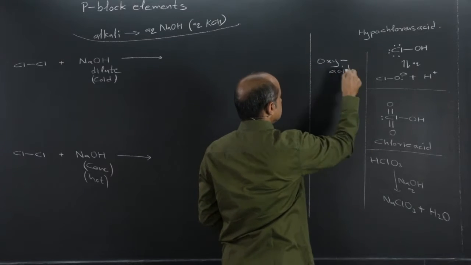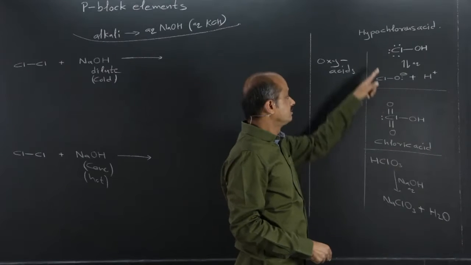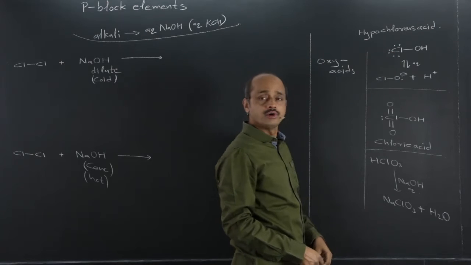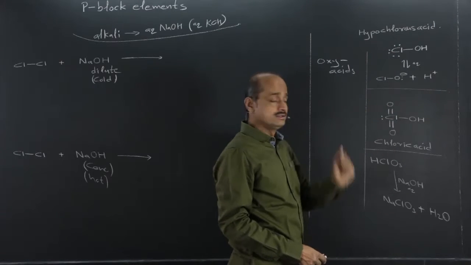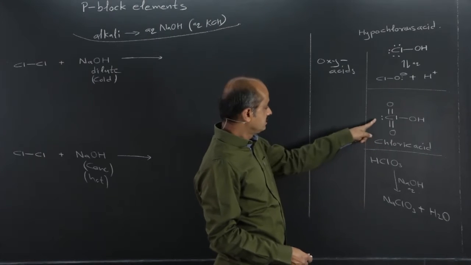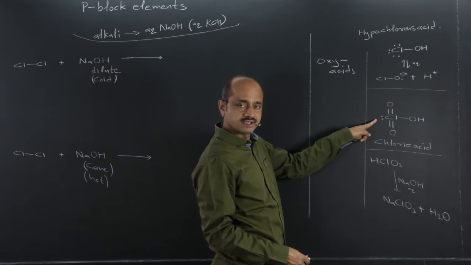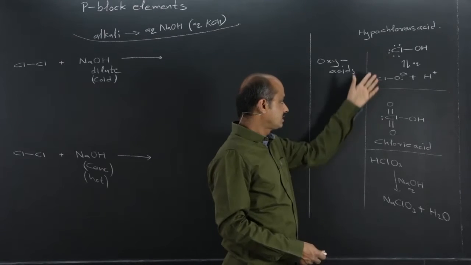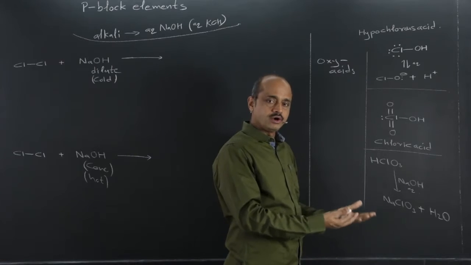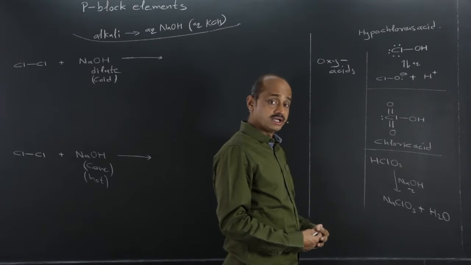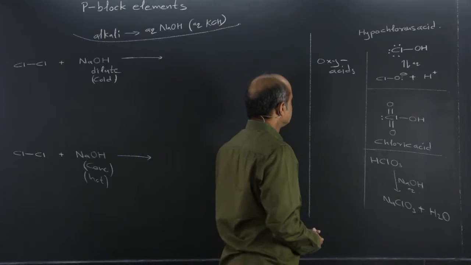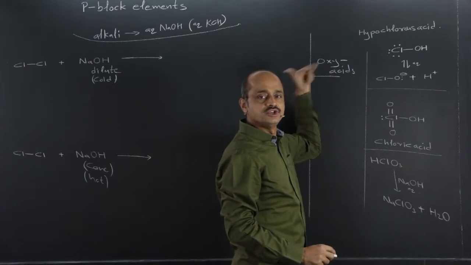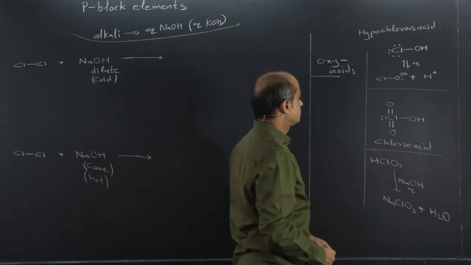There are 4 oxyacids of chlorine: hypochlorous acid; if one lone pair is involved in double bond formation with oxygen, chlorous acid; then chloric acid; and if the third lone pair also gets involved, perchloric acid. Out of that, only 2 I have written, because these 2 are of use for this reaction. We have considered all 4 in our earlier discussion. You can go back and revise.